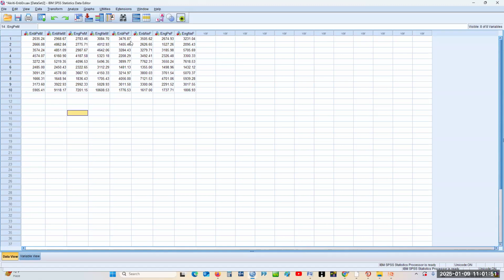The general perception is that females are more environmentally conscious than energy conscious. So we have taken this hypothesis, we want to test it, and we have collected data in terms of response accuracy and response time.